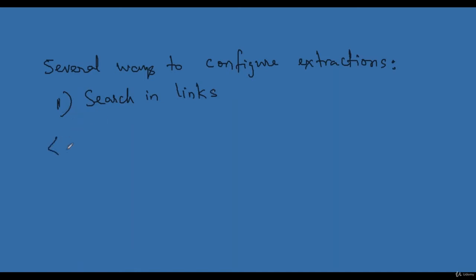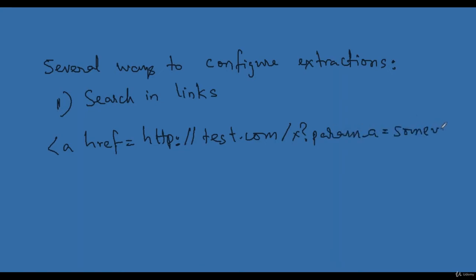In some applications, you might see a specific reference like http test.com slash some value. In this case, the parameter value is sent back to the server when the user clicks on a hyperlink. So you have to configure ASM to search in links.